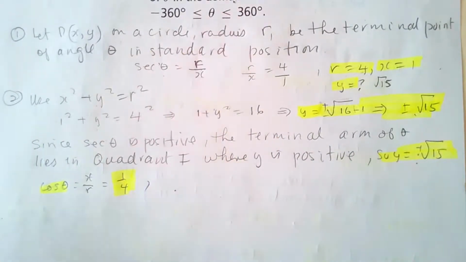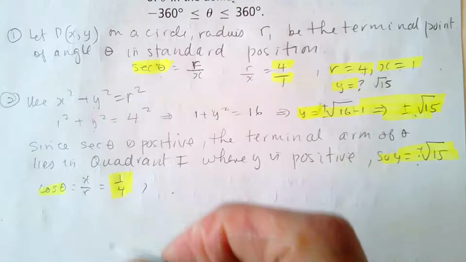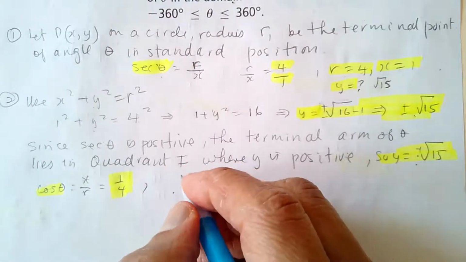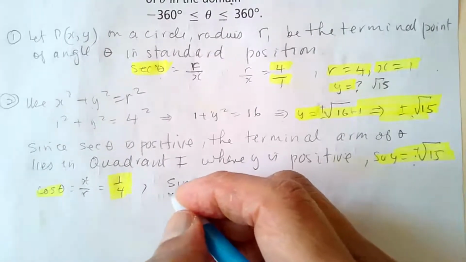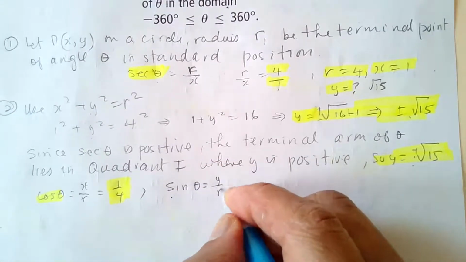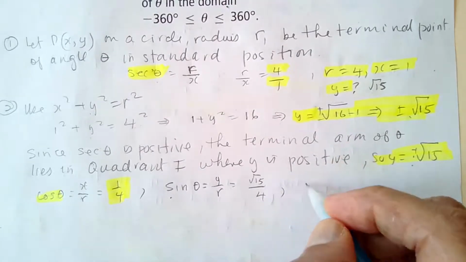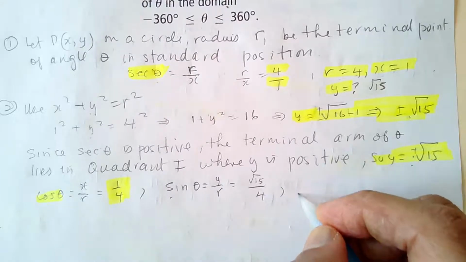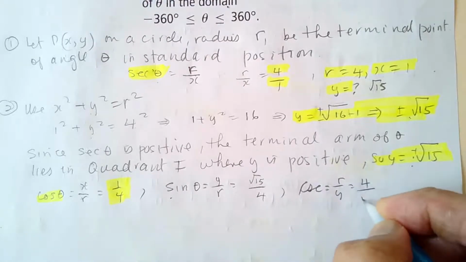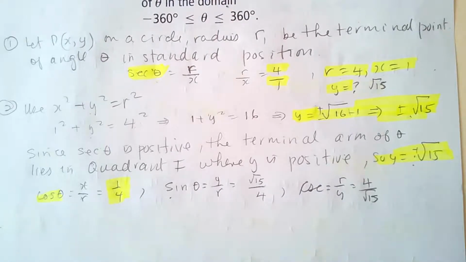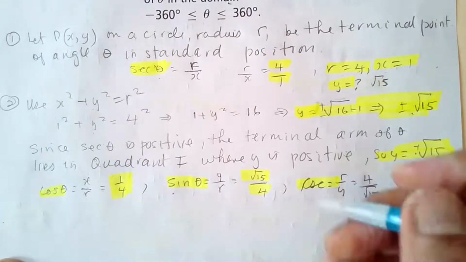So we already know secant, it's given. Next, we can go for sine theta, where sine theta is y over r, or y is root 15, r is 4. Then the reciprocal of sine is cosecant, which is r over y, so we have 4 over root 15. So we got sine theta.